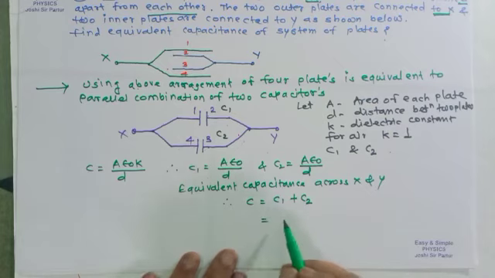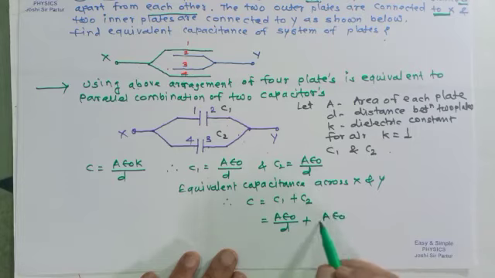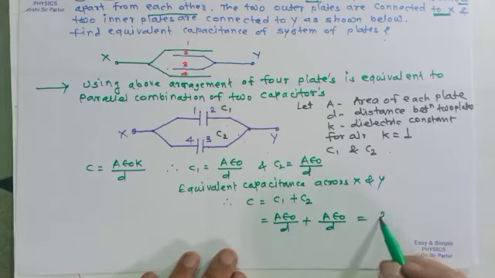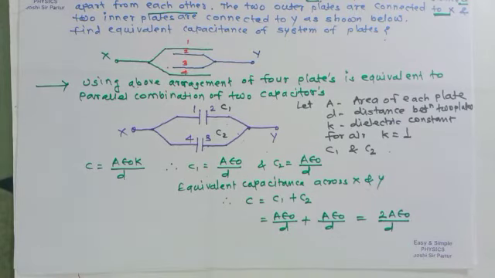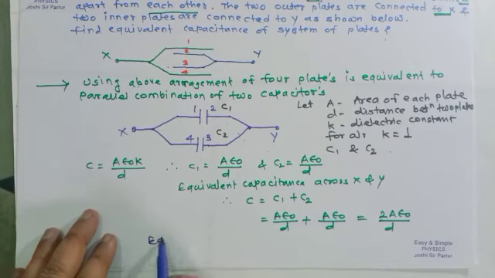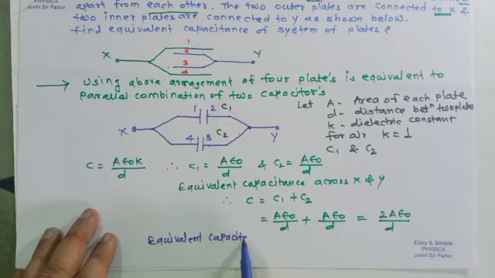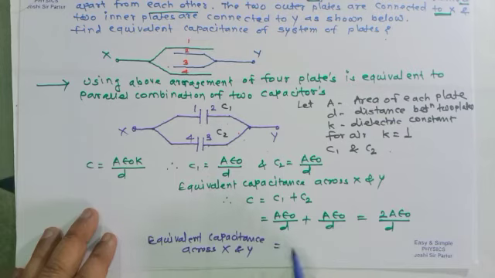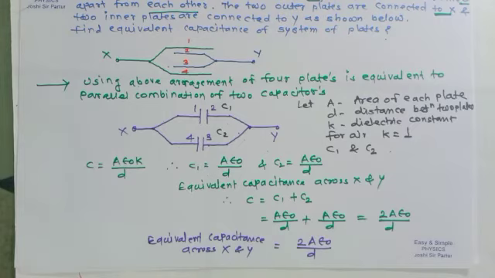So A epsilon 0 upon D plus A epsilon 0 upon D, which is 2 times A epsilon 0 upon small d. So here we can find the equivalent capacitance across X and Y as 2 times A epsilon 0 upon small d.